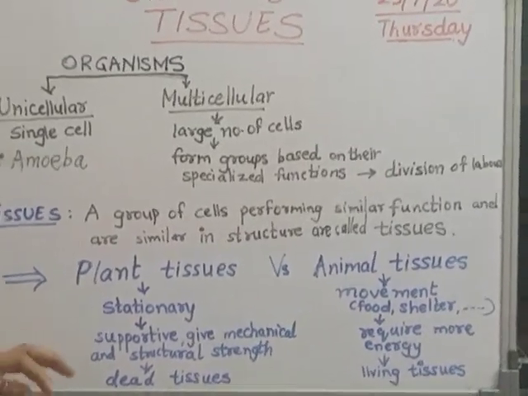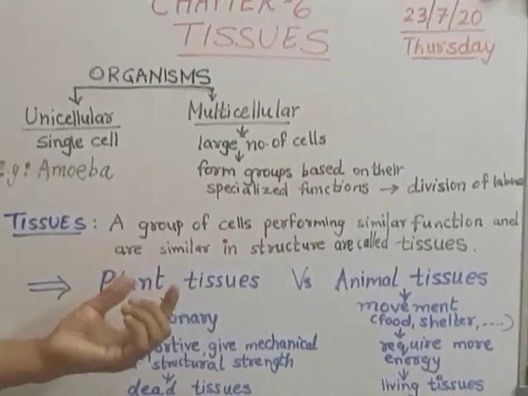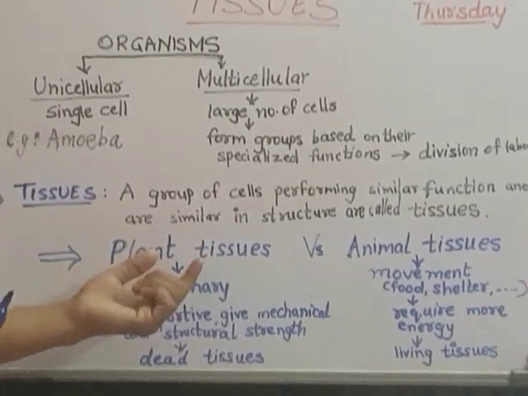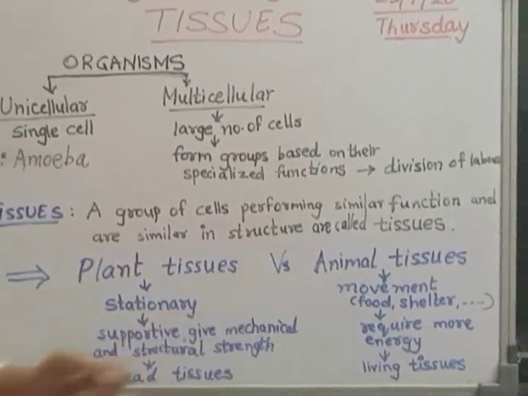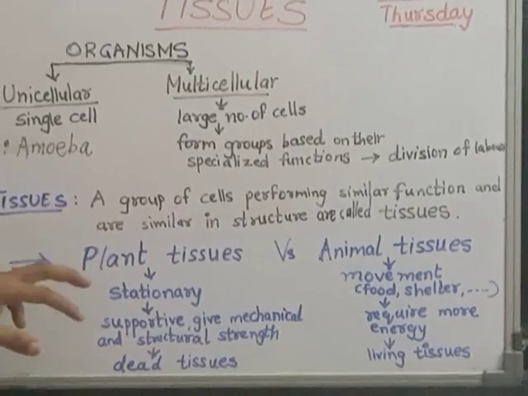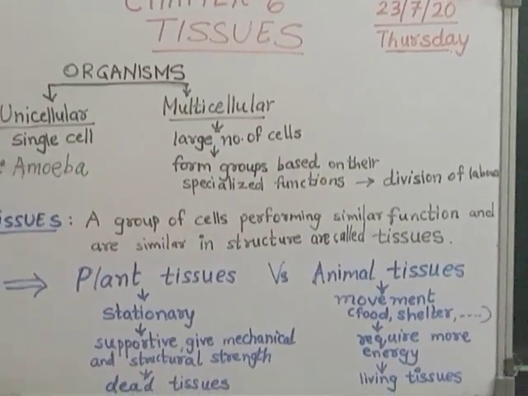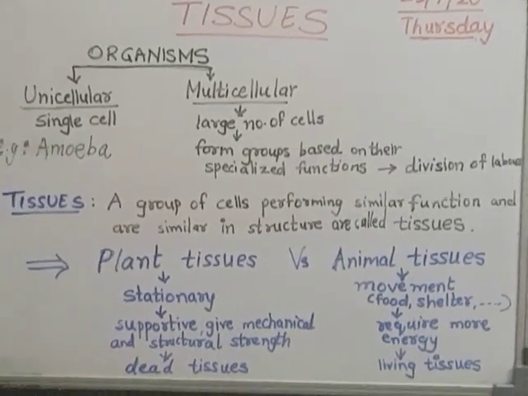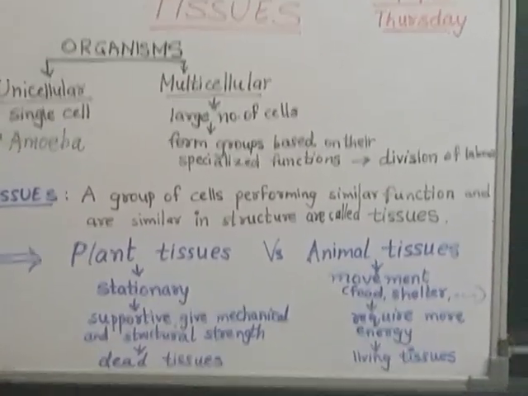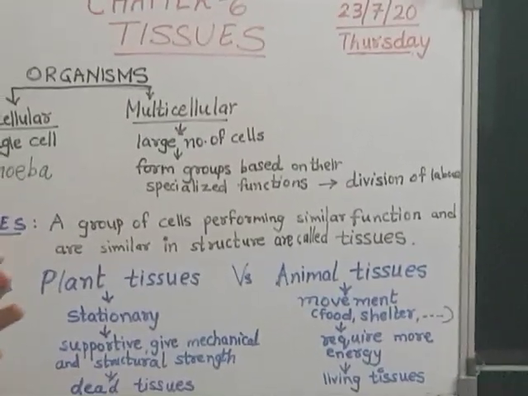So let us see the basic difference between the functions that are performed by the plant tissues and by the animal tissues. Now when we talk about the plant tissues, we know that plants are stationary. Stationary means they are at one place. They don't move.